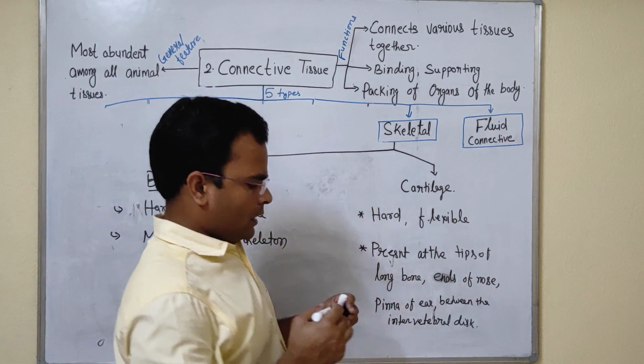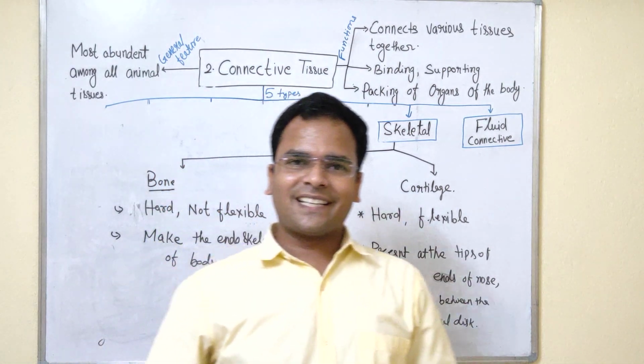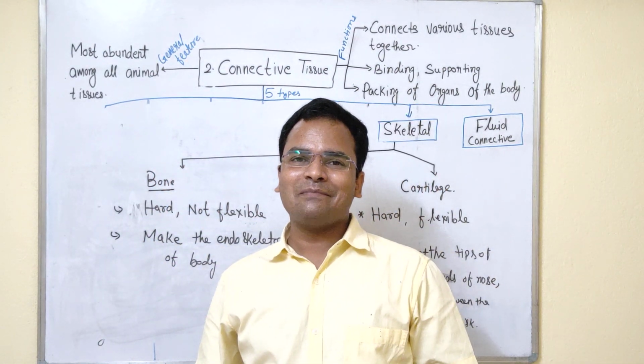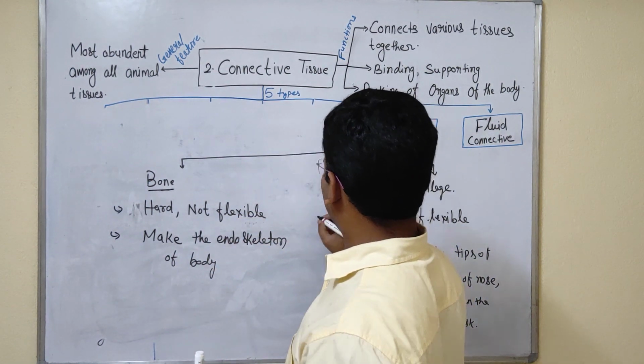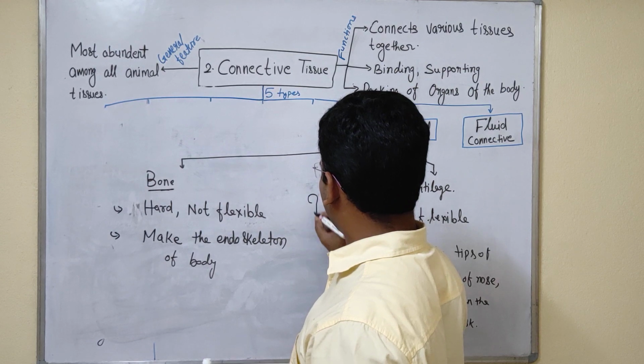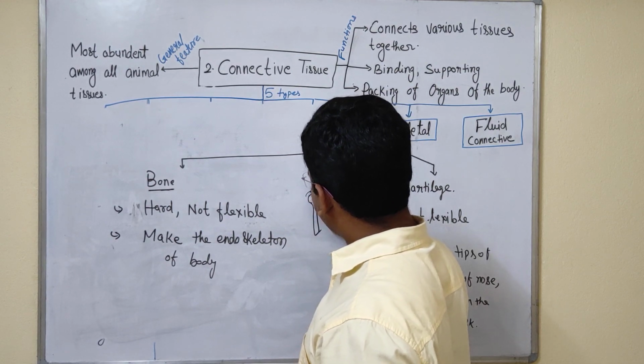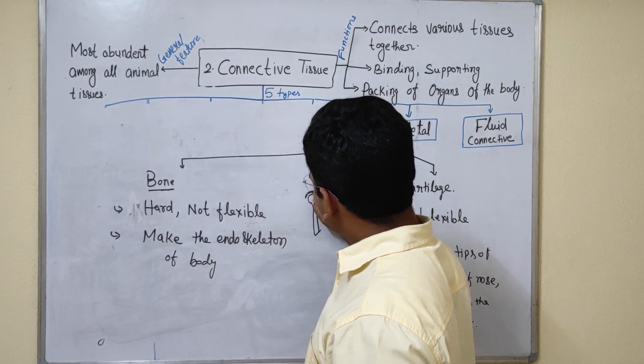You can see, if you are non-vegetarian and eating the leg piece of the chicken, you can notice at the end of the leg piece a soft white colored bone is there.